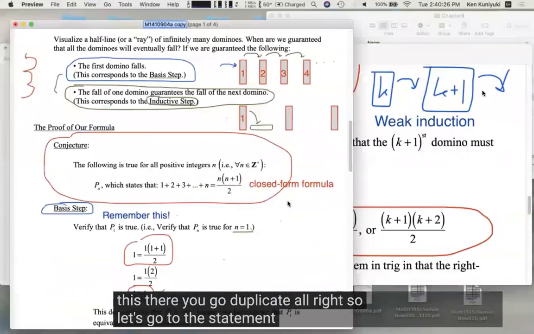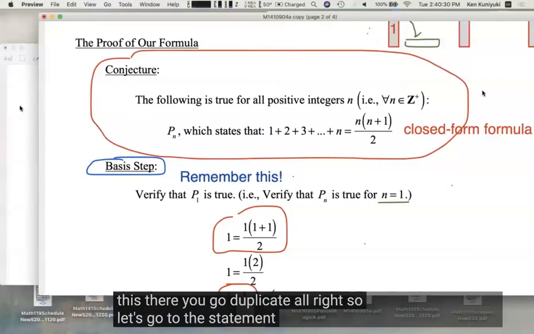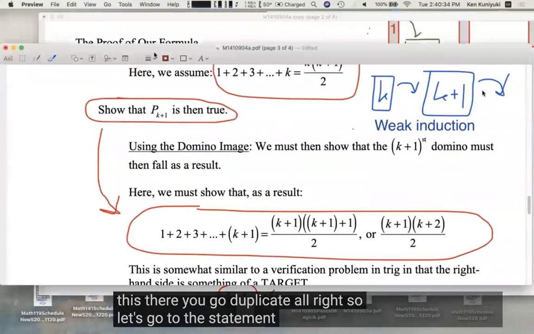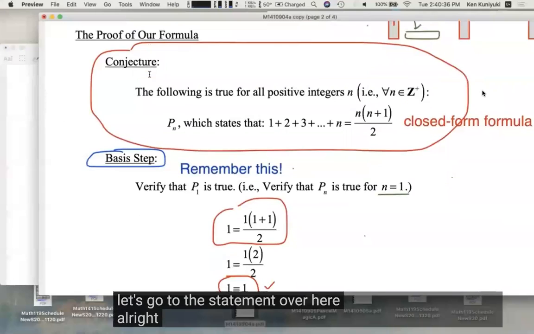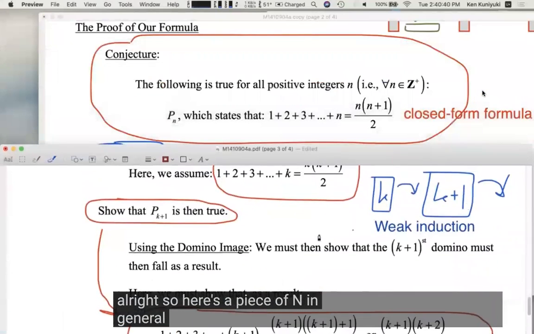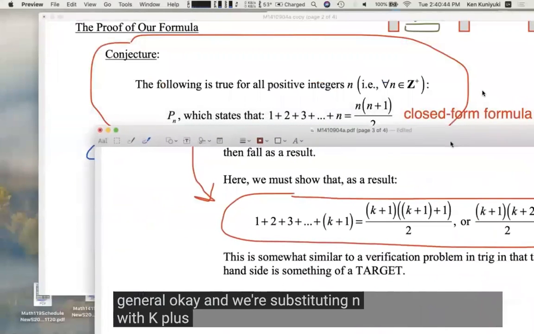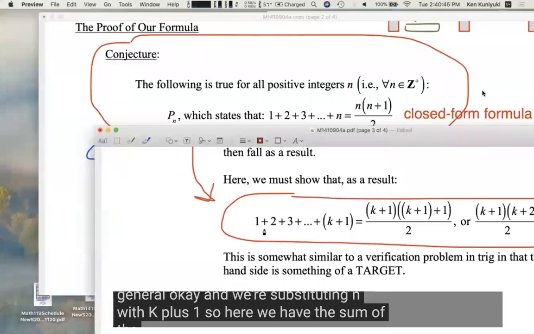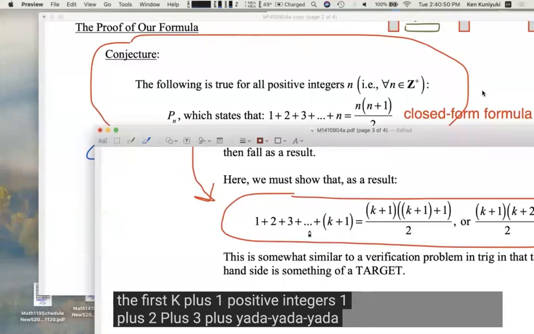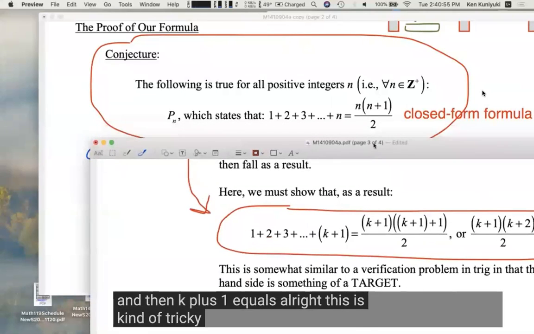So let's go to the statement. Over here, all right. So here's P sub n in general, and we're substituting n with k plus 1. So here we have the sum of the first k plus 1 positive integers, 1 plus 2 plus 3 plus and so on, plus k plus 1 equals, all right, this is kind of tricky.